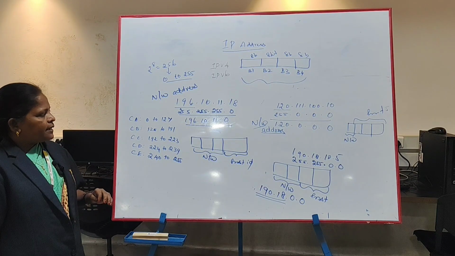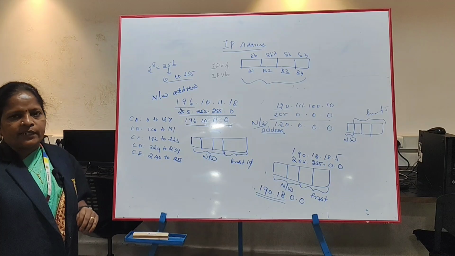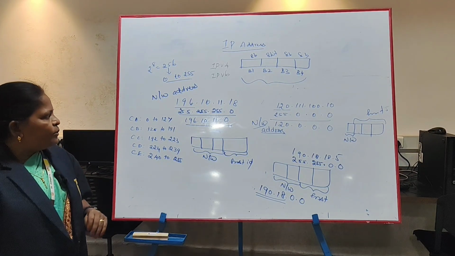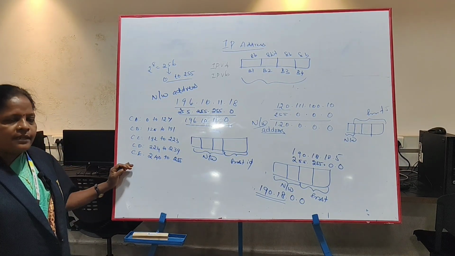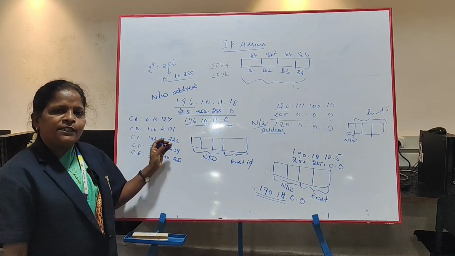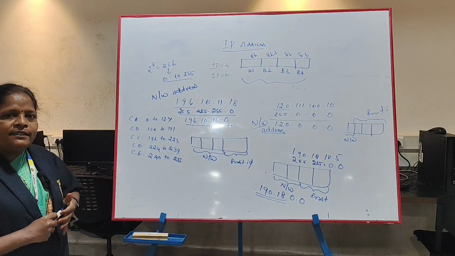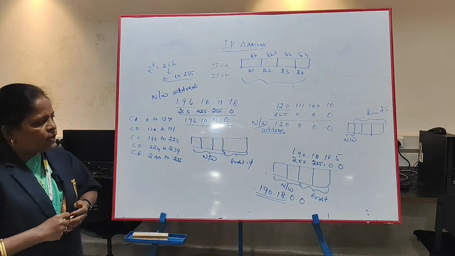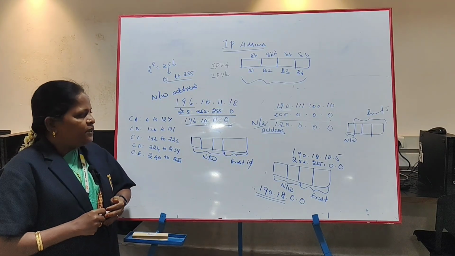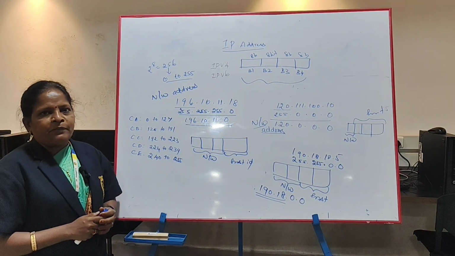This can be classified into class A, class B, class C, class D, class E. We discussed how to identify network as well as host, and the range for each and every class. So this is a very simple concept. Everyone can easily remember how to calculate the IP address, and whether it is valid or not. Everything we can identify simply once we know the concept of IP very well. Thank you.